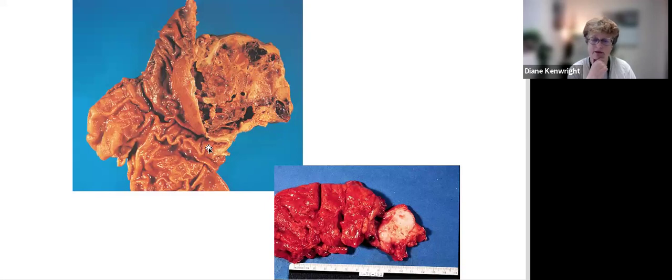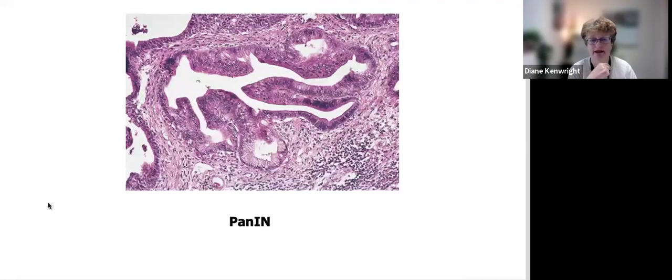Let's have a think here about what they might look like. They look like this mass. There's a mass at the head of the pancreas here. A mass. So it's going to be hard, and you can guess what it's going to look like down the microscope because it's an adenocarcinoma. Again, it can have a precursor phase, so pancreatic in situ neoplasia.